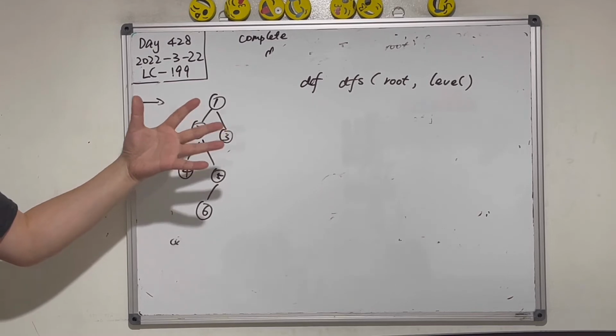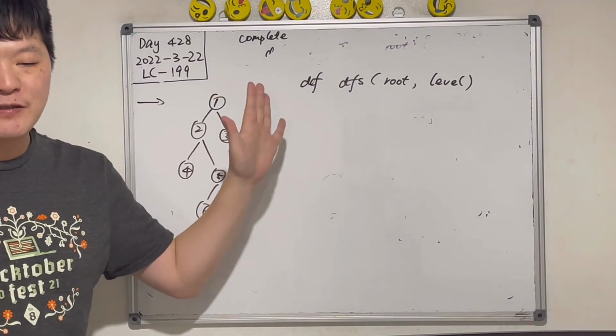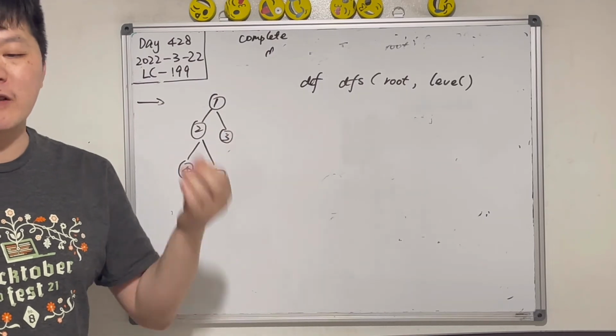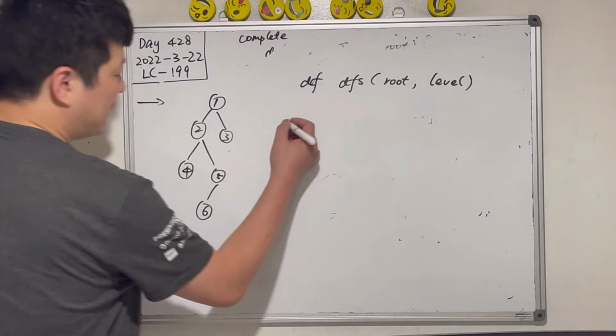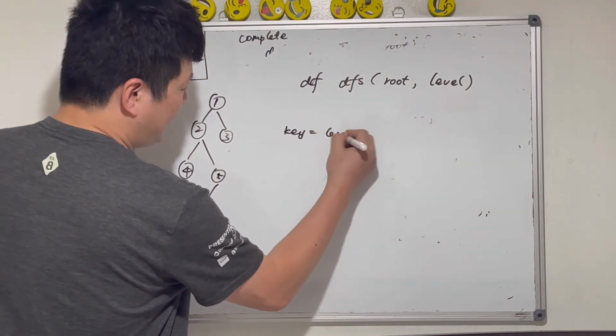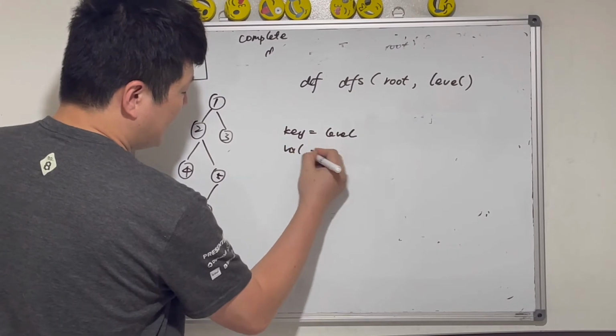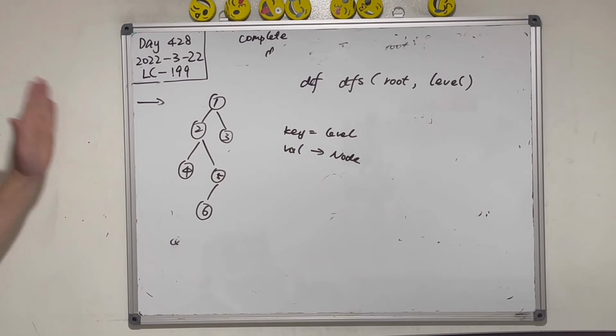It depends on if we want to do the left side or right side view. For the left side view, we want to update the key, which will be the level, and the value will be the node.